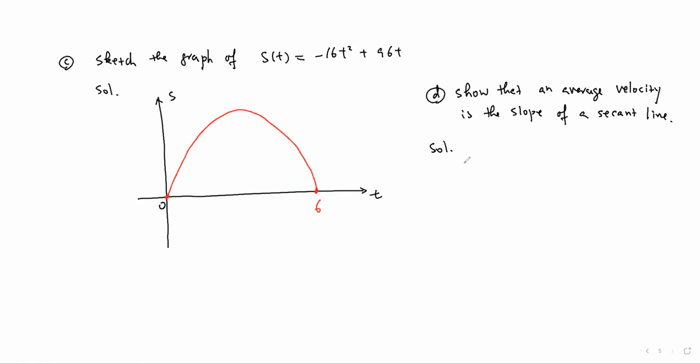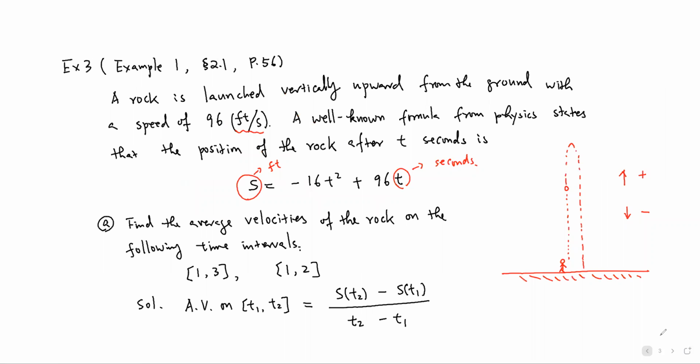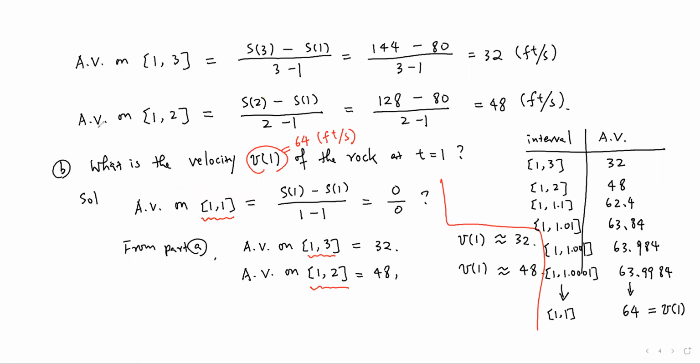Solution. Let me pick one average velocity from part A. Say, pick the average velocity over the time interval 1 to 2.